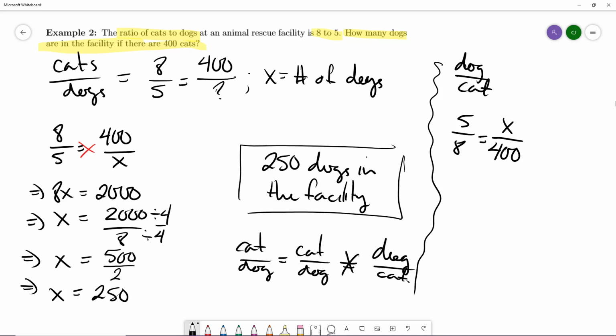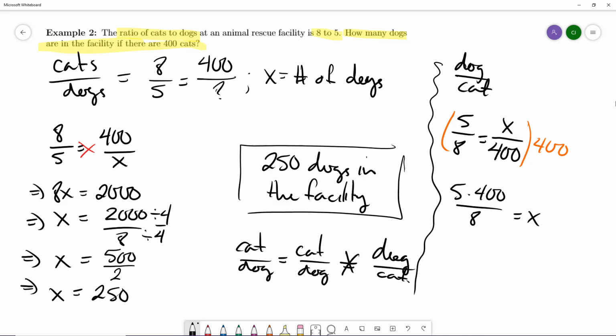Usually when I solve these proportion problems, I like my variable to be on top, so that the unknown will be on top. Why? Because now all I have to do is multiply both sides of the equation by 400 to solve for x. When I do that, I have 5 times 400 over 8, and this is equal to x.